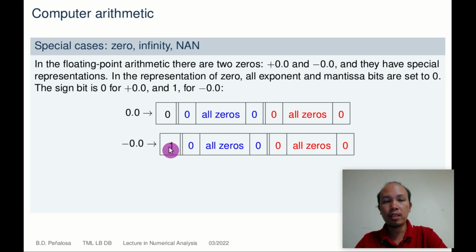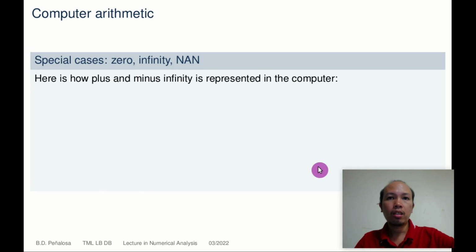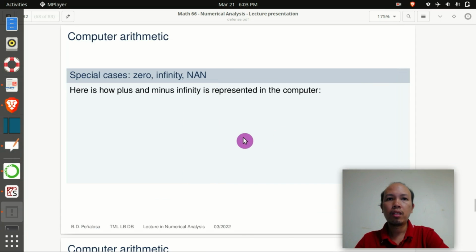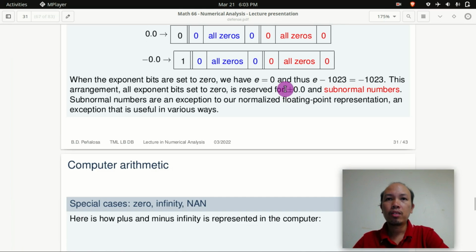Okay, and then it says here, when the exponent bits are set to 0, we have e equal to 0, and thus we have this one, negative 1023.